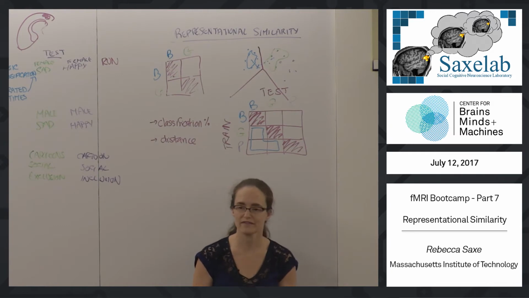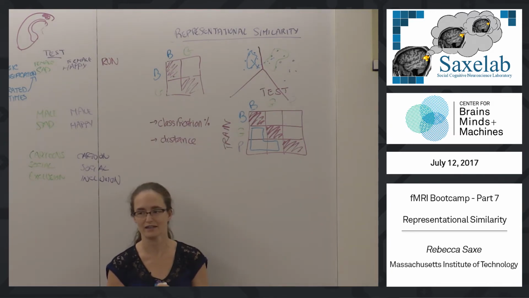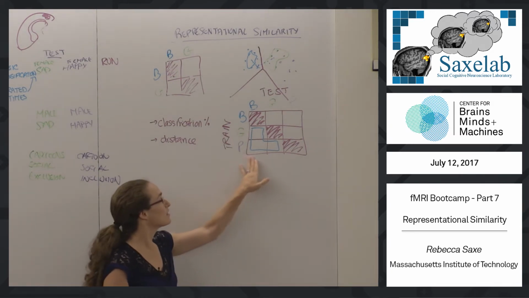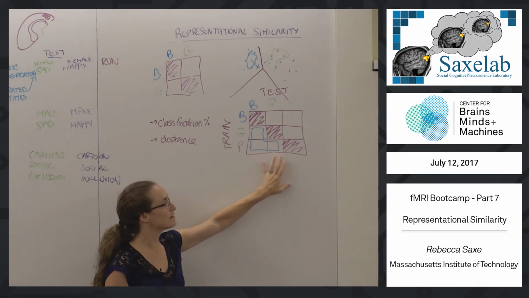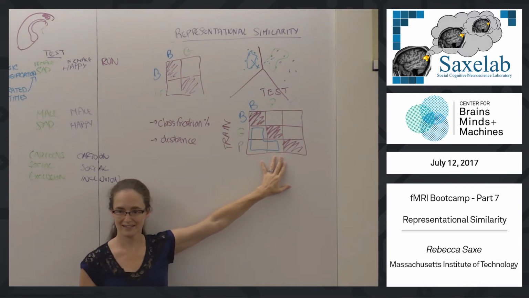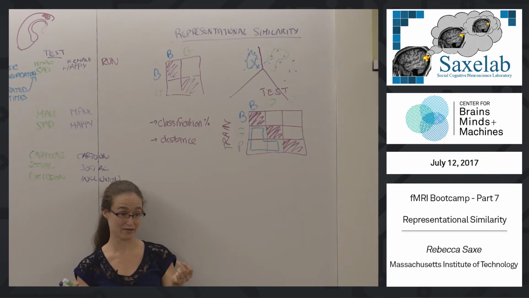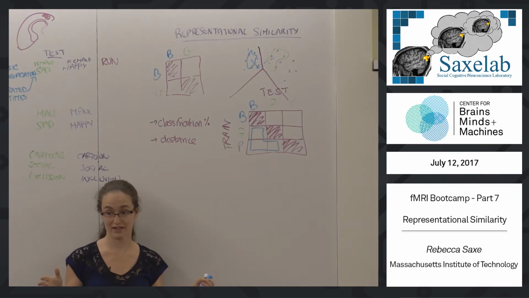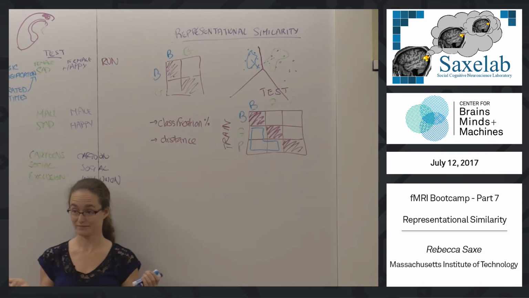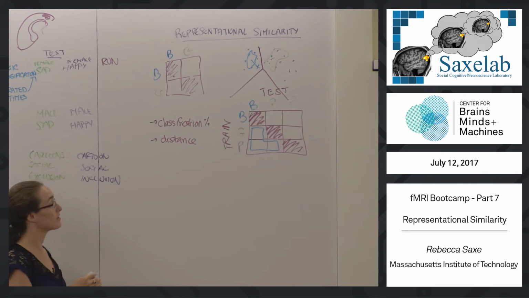So the huge benefit of representational similarity analyses is that this format of data, how similar one thing is to another thing, you can derive it from anywhere. So here's the first thing you can do.